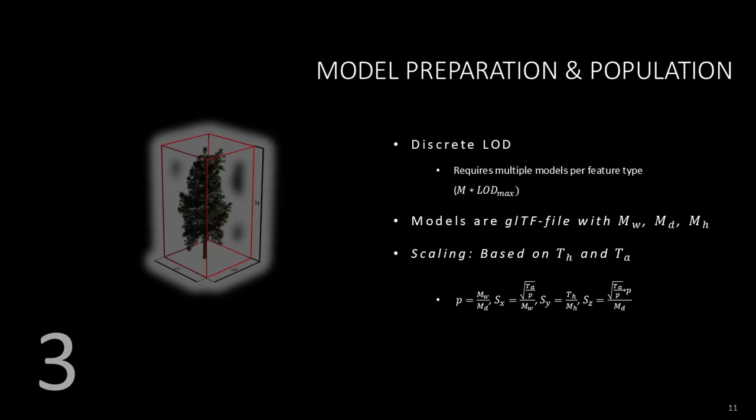However, the size of the model, so the dimension of the model, is irrelevant for the application, since we retrieve the dimensions from the model file and then apply a scaling in accordance to the formulas seen in the slides and to the attributes of each feature, which in our case is the height and the crown area of the trees. This formula is applied to each individual point feature. So for each point feature, we have an individual scaling.